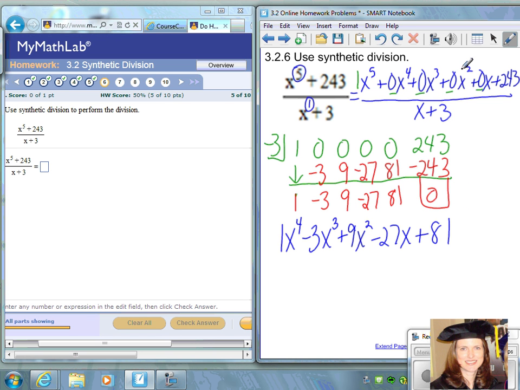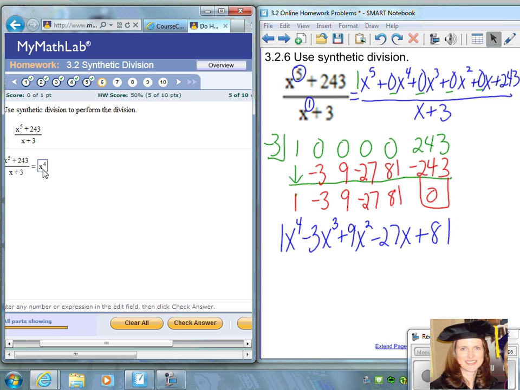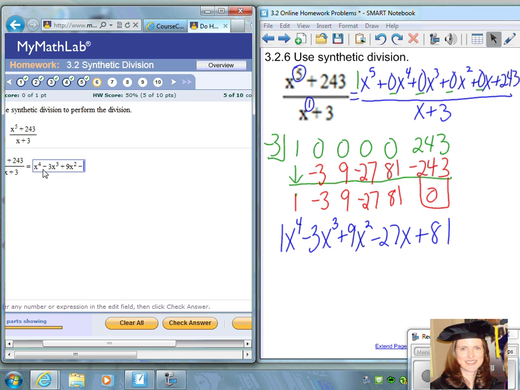Now we don't need that 1 in front, so we can write our answer as x to the fourth power minus 3x to the third power plus 9x squared minus 27x plus 81.